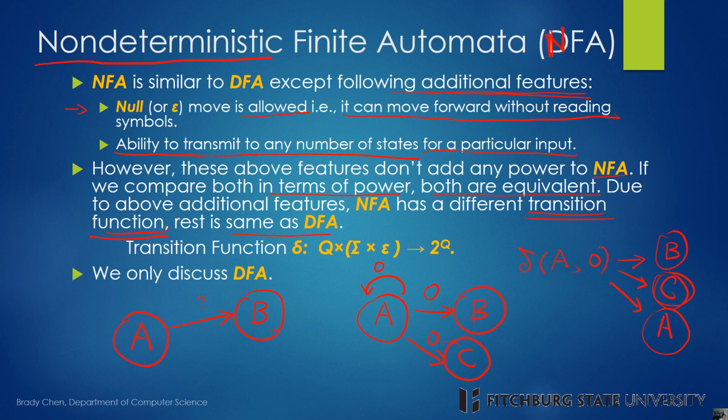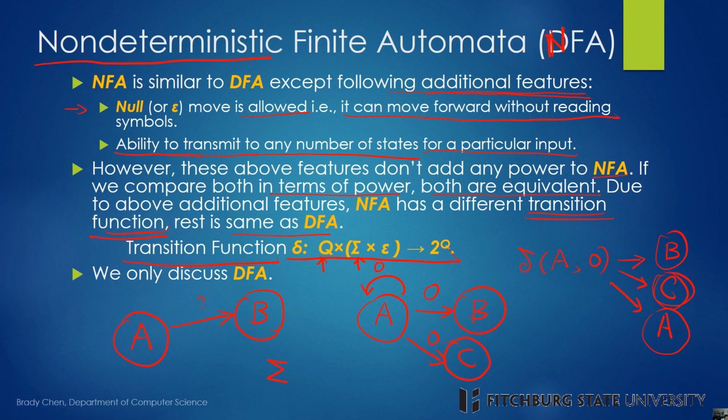For the DFA, the transition function uniquely defines what's the next state. But in the non-deterministic finite automata, the transition function can be written like this. So we have a current state and an input character. The input characters come from the set of symbols.